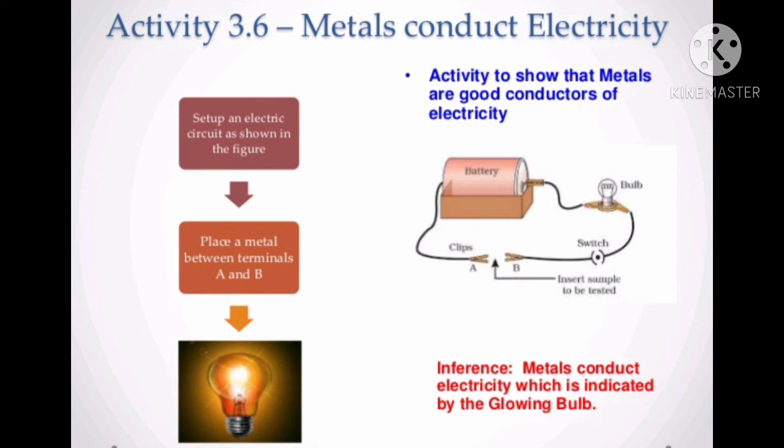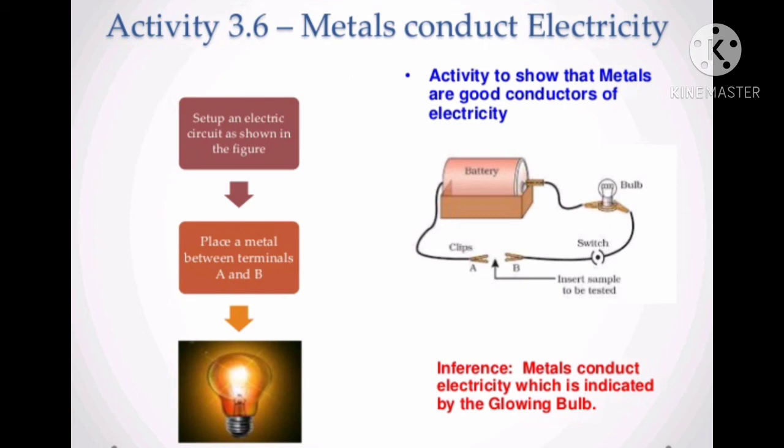Children, sometimes when we touch an electric socket with wet hands, a shock is produced in our body. In the same way, if we use a metal in our hand and touch it, the current will pass. So metal is a good conductor which allows electricity as well as heat to pass.